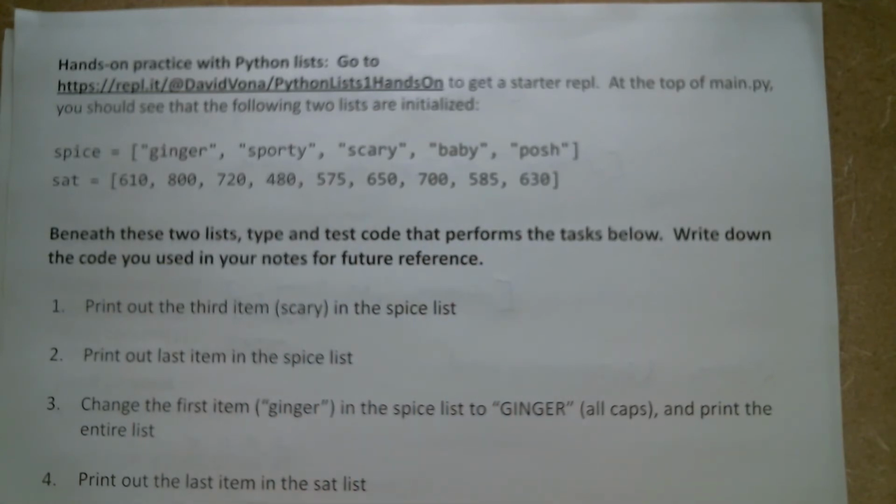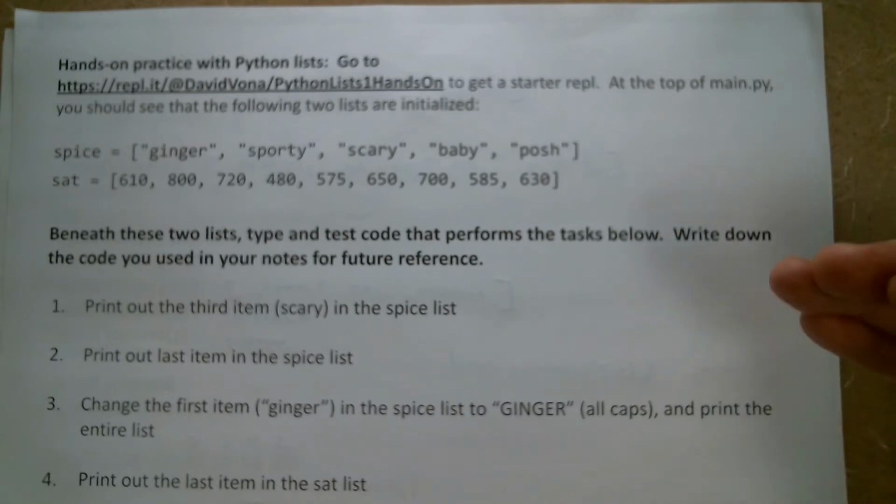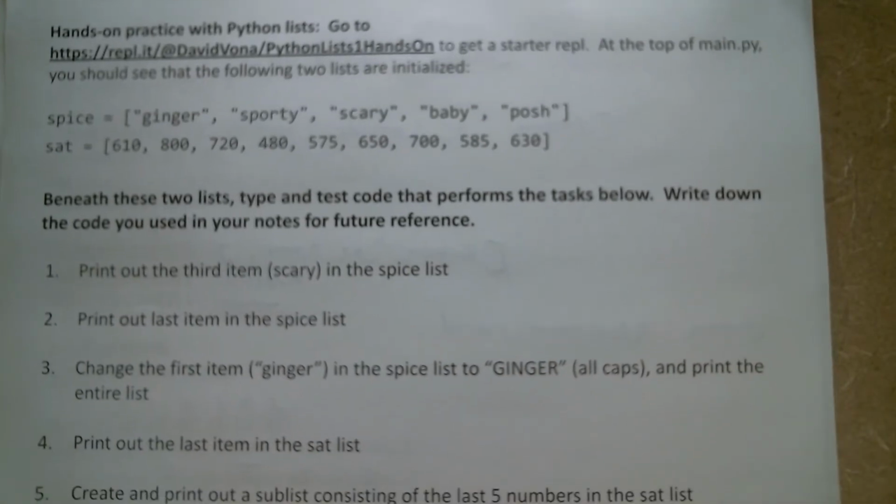We have a spice list with Ginger, Sporty, Scary, Baby, and Posh, because who's not a Spice Girls fan? And then we have this sat list with a bunch of numbers inside of it. So what I encourage you to do is go through these tasks and try to write the code that's going to carry out each of these.